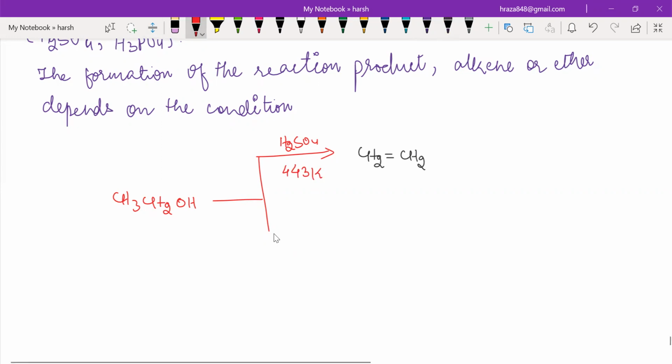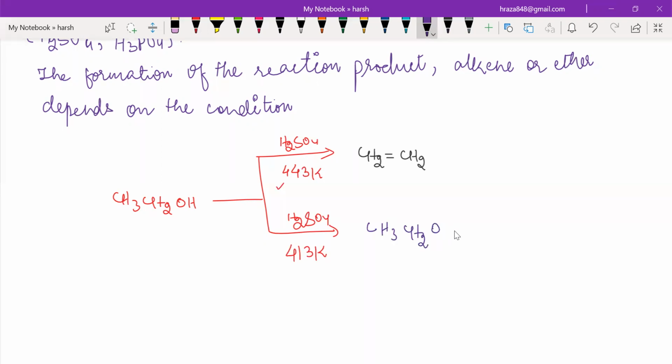And if you treat this with H2SO4 at 413 Kelvin, that means lesser than 30 degrees lower than this, then there will be the formation of CH3CH2OCH2CH3. Now tell me the IUPAC name of this and this.